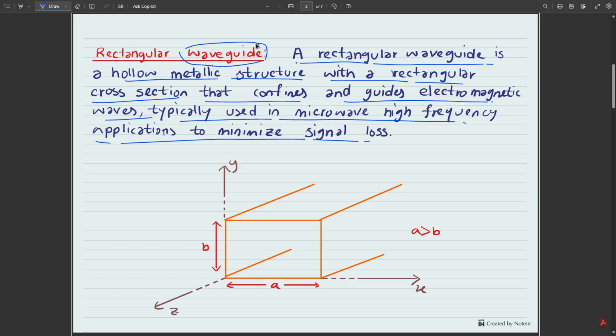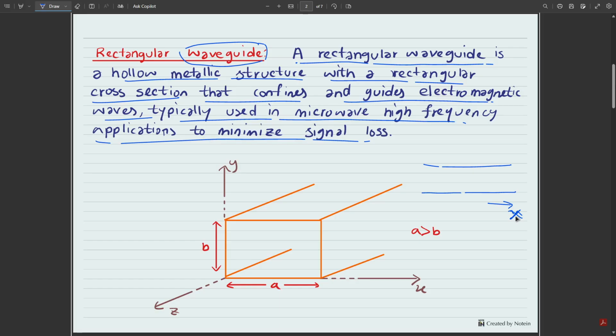So it's just like a two parallel plate waveguide. If we recall the parallel plate waveguide, if this is one plate and this is another plate, and this is the x-axis, in the x-axis it was infinitely long.